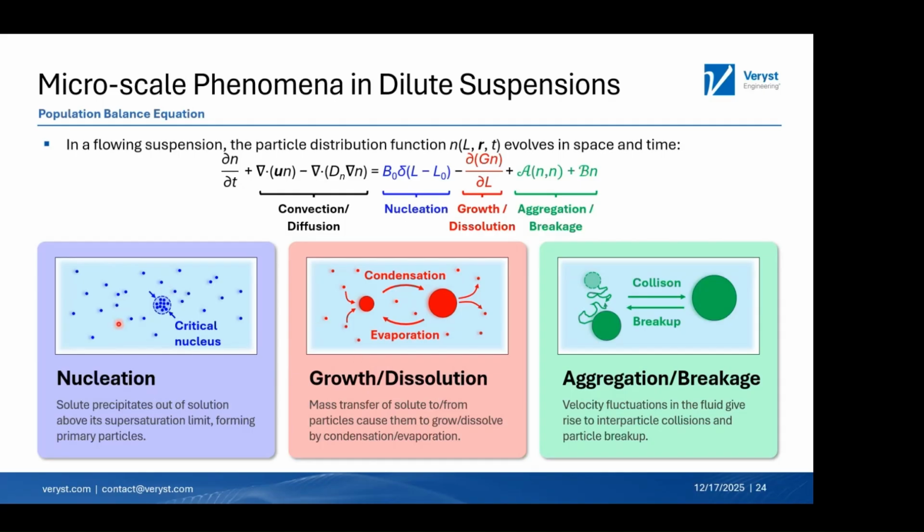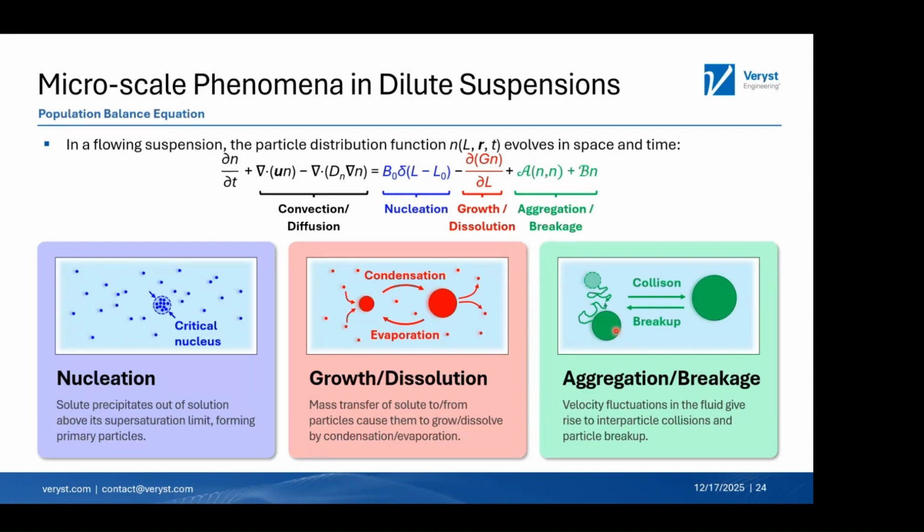But once you have enough nuclei, those nuclei can continue to grow by mass transfer. So solute transports to the surface of the particles and adsorbs, and that causes growth. Or in the case of undersaturated liquids, you can also have the opposite process of dissolution or evaporation. And finally, particles themselves can interact.